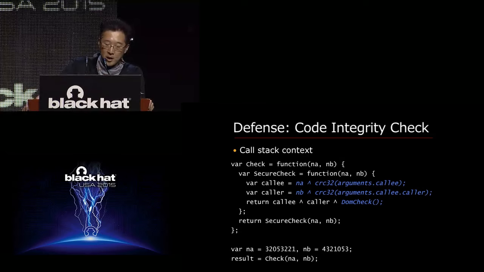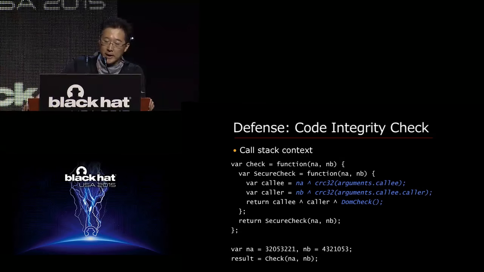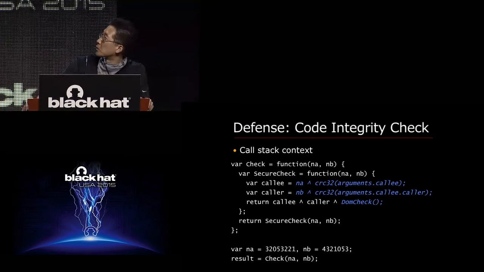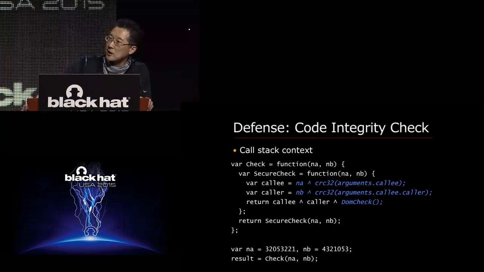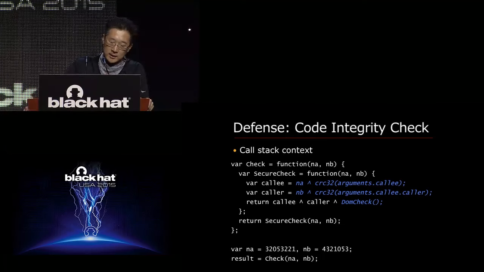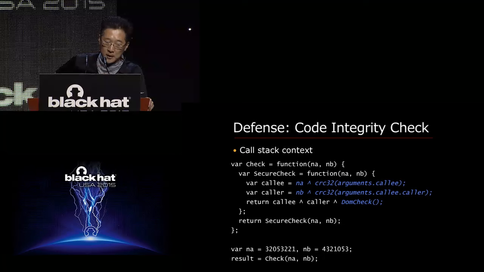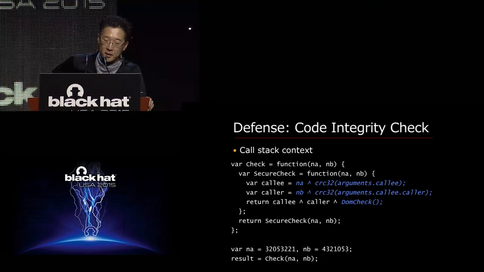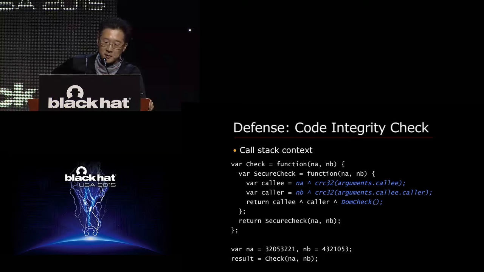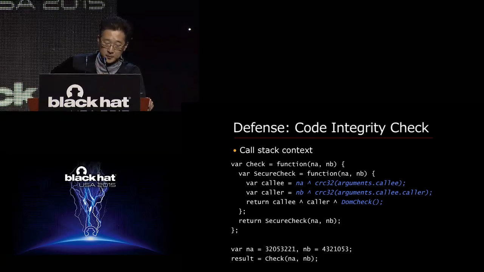So, one of the ways to do it is to do the code integrity check. It's like that. In this example, I'm using a couple of random numbers to transform the function bodies into something.